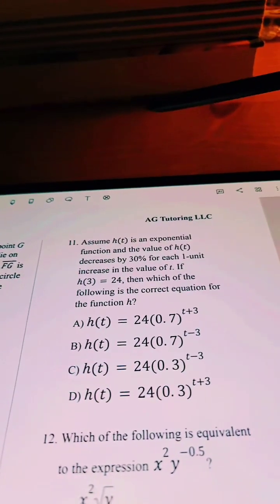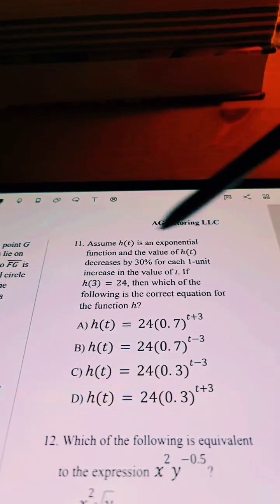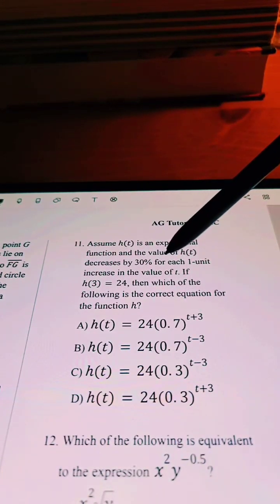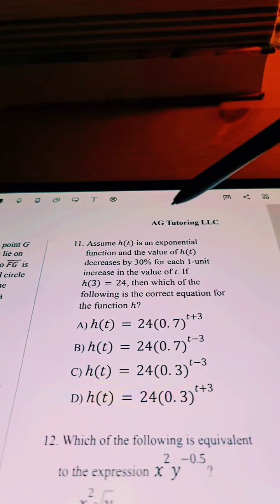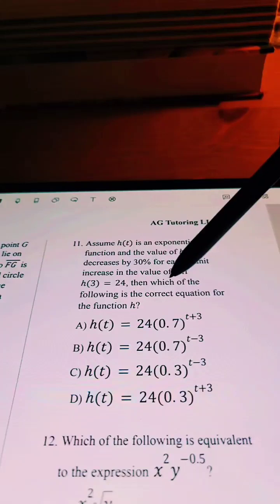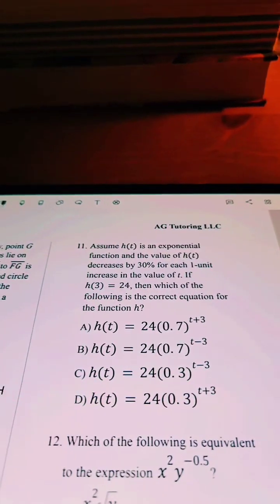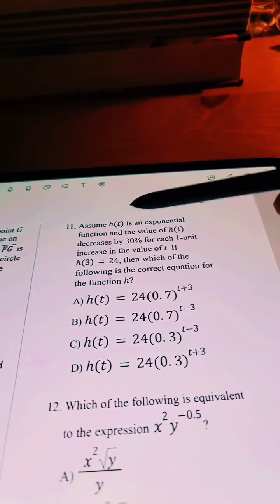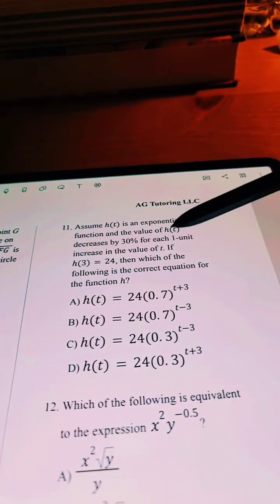So for number 11, assume h of t is an exponential function. The value of h of t decreases by 30% for each 1 unit increase in the value of t. If h of 3 is equal to 24, which of the following is the correct equation for the function h? Right away it says it's an exponential function and it's decreasing by 30% for each 1 unit increase of t.